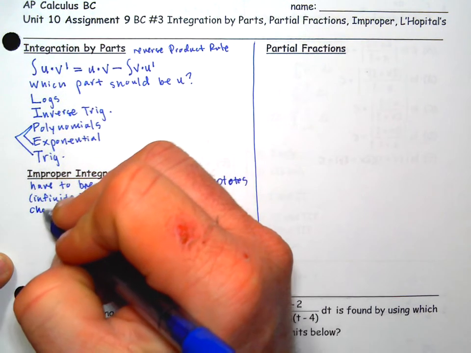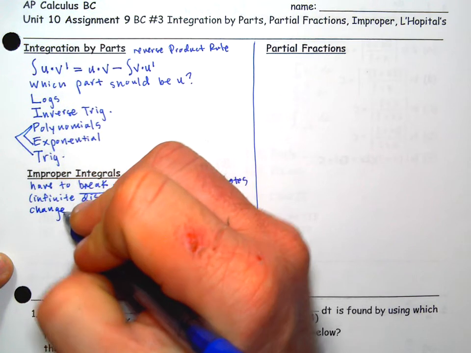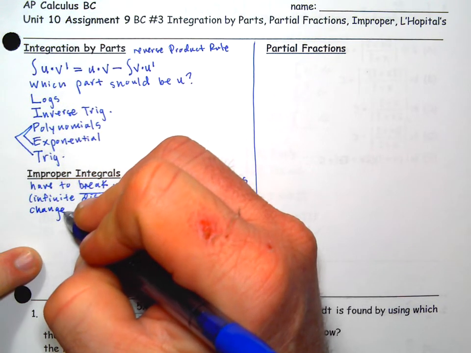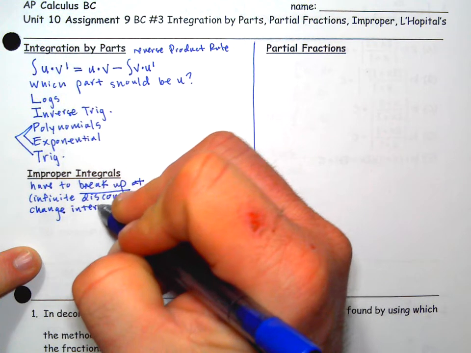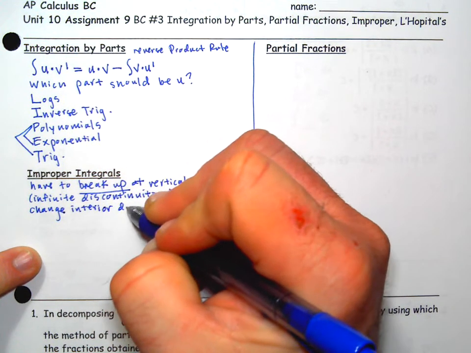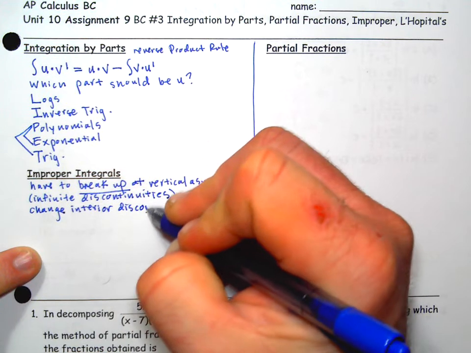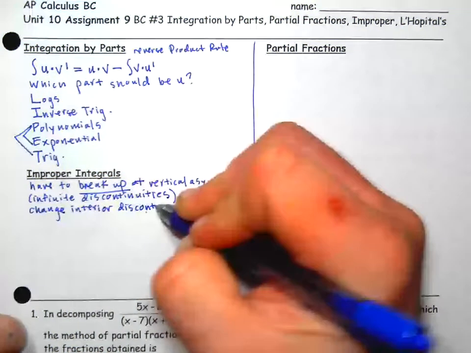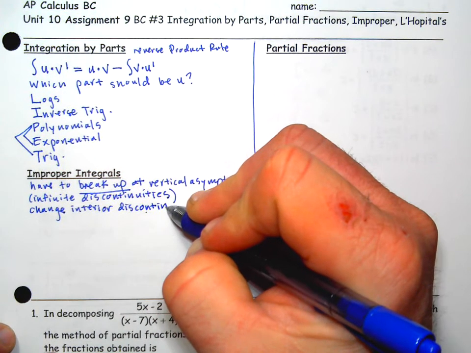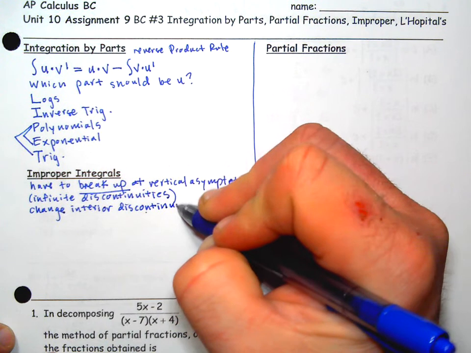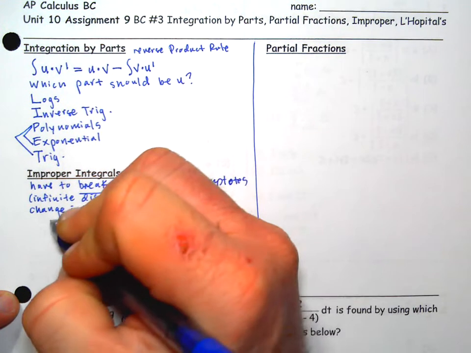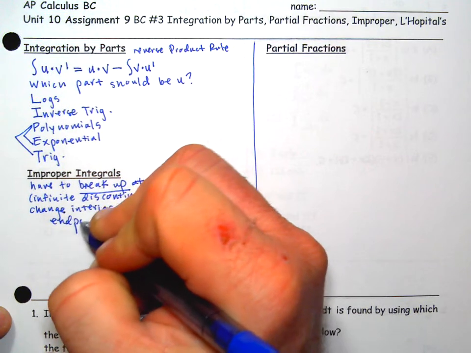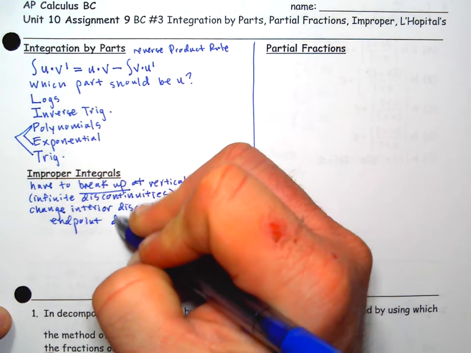What happens is we change interior discontinuities, meaning in the middle of the limits, into endpoint discontinuities.